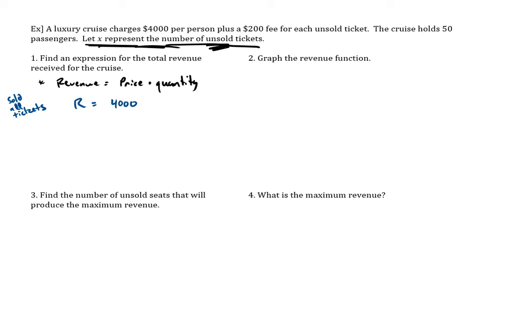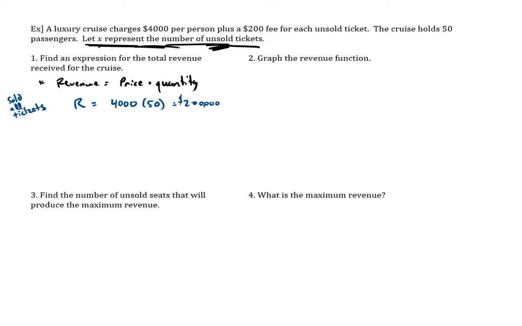There wouldn't need to be the $200 fee for each unsold ticket, so we don't have to worry about that. And it holds 50 passengers, so all 50 would have been sold. So from there, we could multiply it. It would be 2 with 1, 2, 3, 4 zeros, so $200,000. I wanted to see that because this $200 fee thing is a little strange.